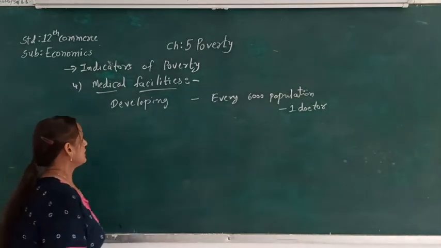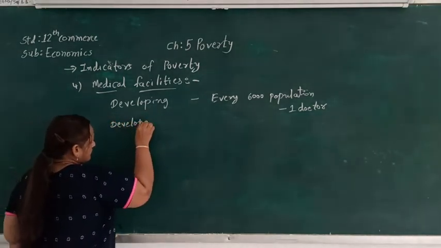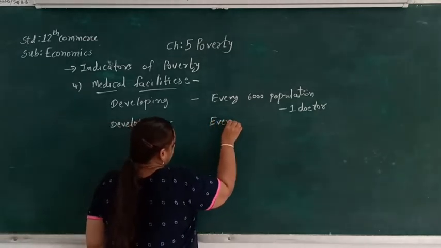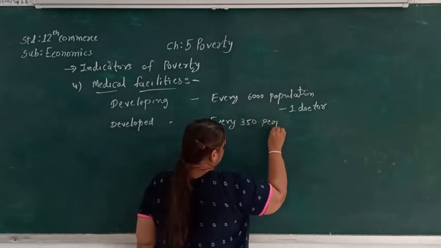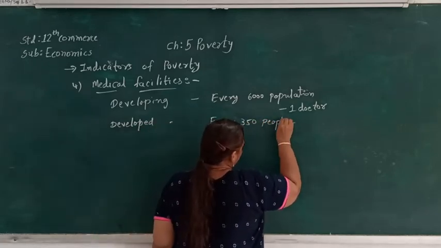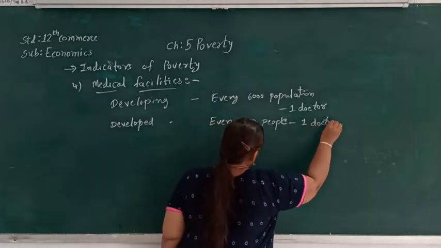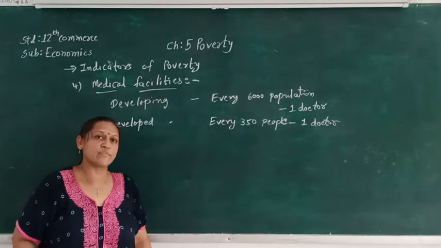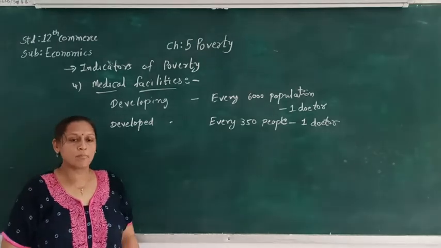And the same for developed country, we can see that for every 350 people, there is one doctor. So they are getting doctor and medical related facility very quickly in comparison to developing country.